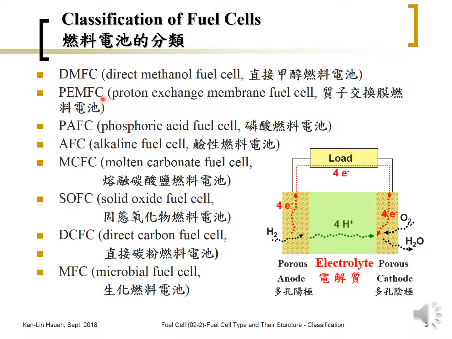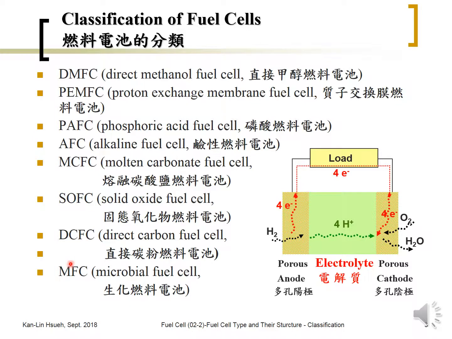The major difference is that instead of feeding hydrogen as a fuel, it feeds methanol. Because methanol at ambient temperature and pressure is a liquid, it is much easier and safer to carry for portable applications, compared to hydrogen, which requires a compressed hydrogen cylinder that is not convenient for portable application.